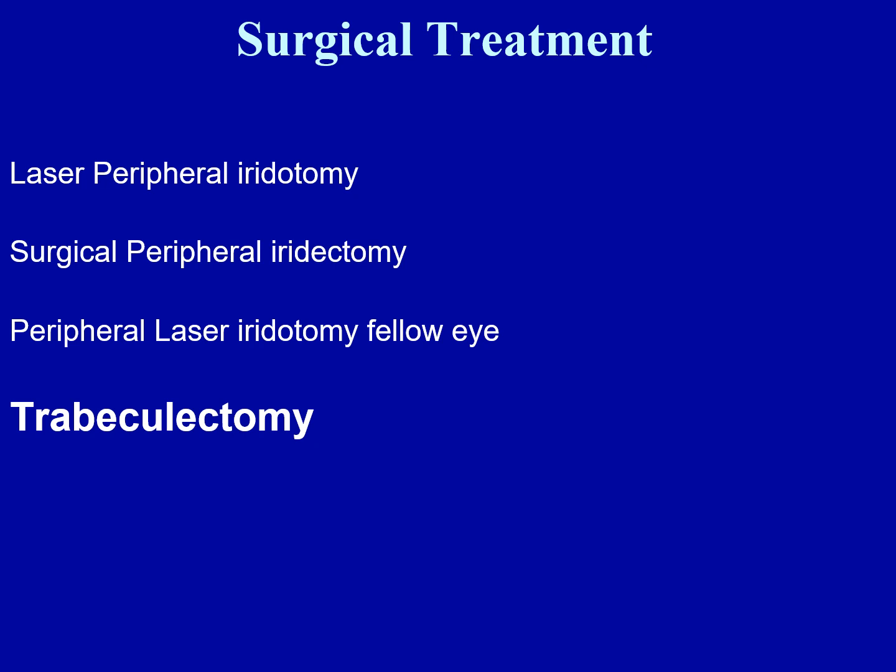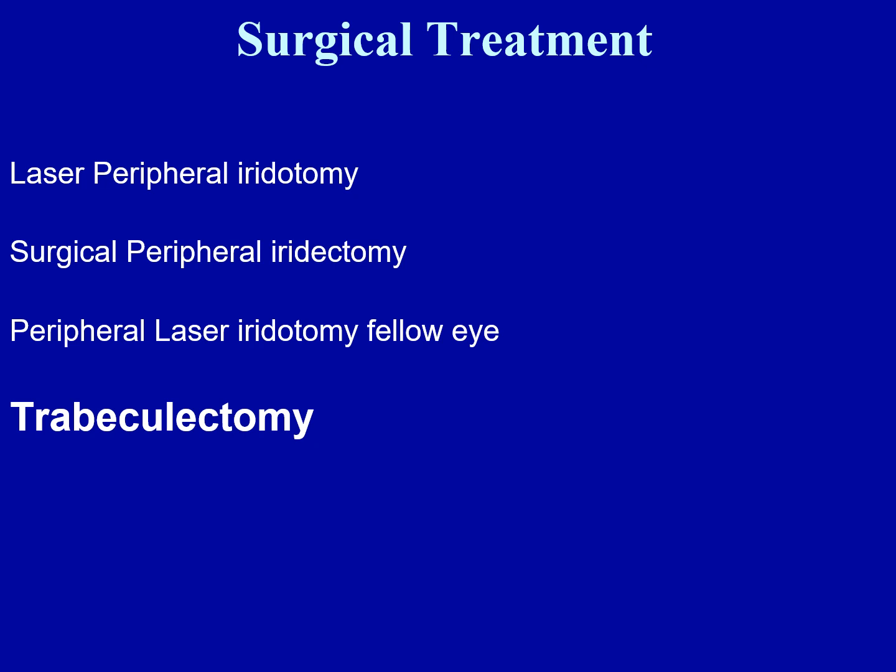So you make a hole in the peripheral iris, and by this method you bypass the pupillary pathway, and the aqueous directly flows from the posterior chamber into the anterior chamber through this hole. By this method, as you bypass the pupillary pathway, the chances of an attack in the future are aborted.